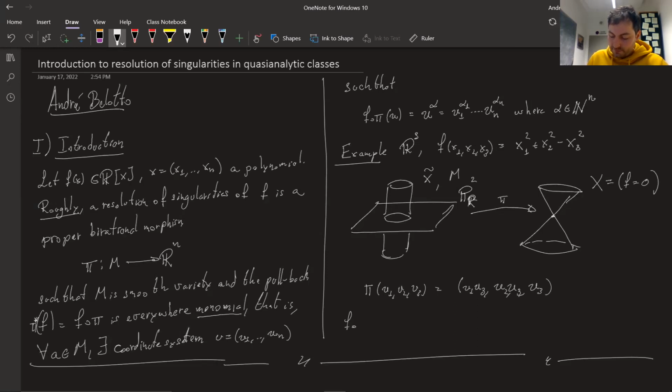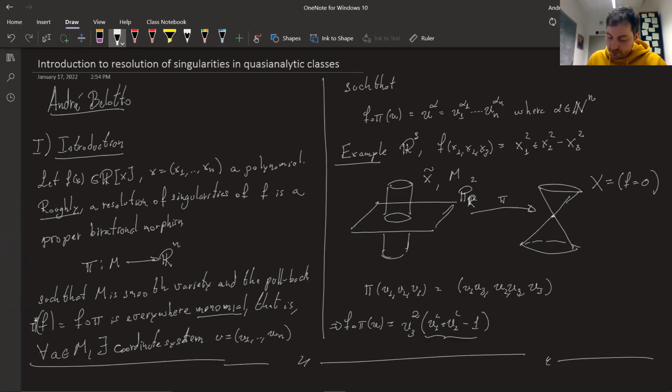This implies that F composed with pi of U is given by U3 to the power 2 times U1 square plus U2 square minus 1.